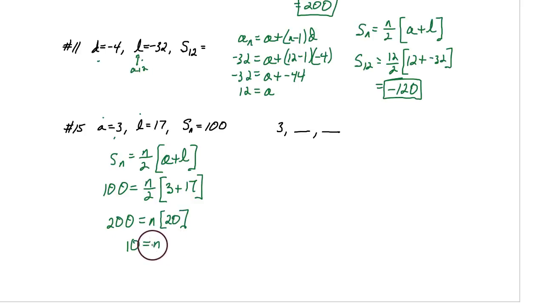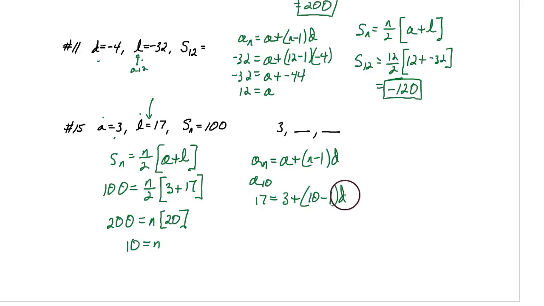Now that we know the answer for n, we can use the general term formula to get the answer for D. So A sub n equals A plus n minus 1 times D. We now, for A sub n, can use A sub 10, which is the same thing as the last term, 17. So for A sub 10, we're actually going to use 17. A is 3. N is 10. We don't know D.